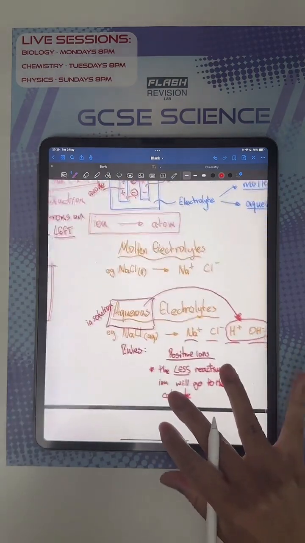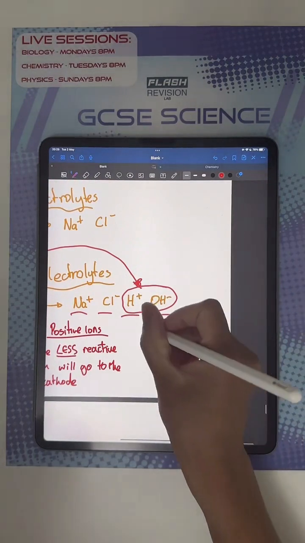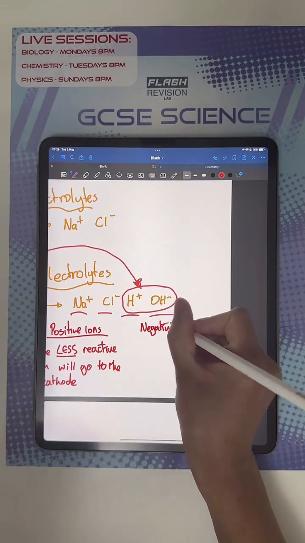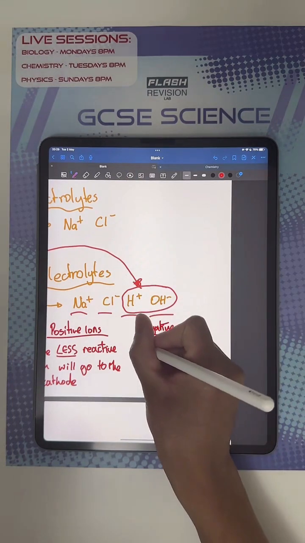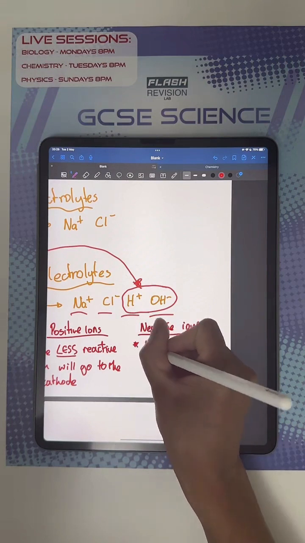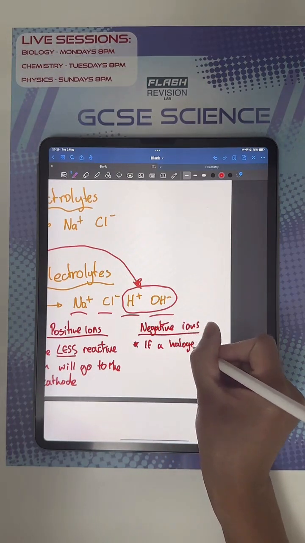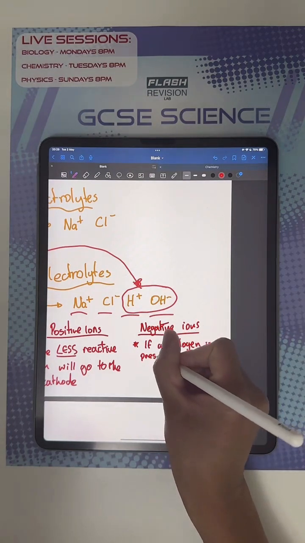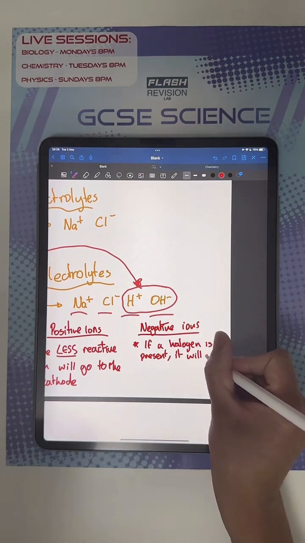And then for the negative one, if a halogen is present, it will go.